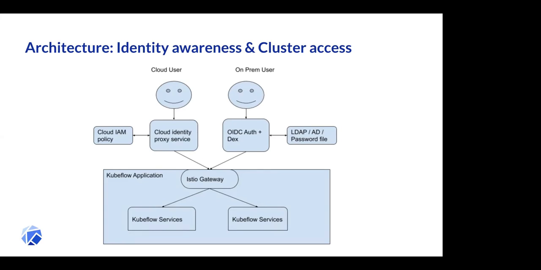If it's the on-prem case, you can set up the OIDC auth plus DEX in front of EC2 gateway. So in both cases, EC2 gateway will receive the request with the identity inserted in the request, so it can be consistent with the kubectl CLI request. So every request has the identity inside it.